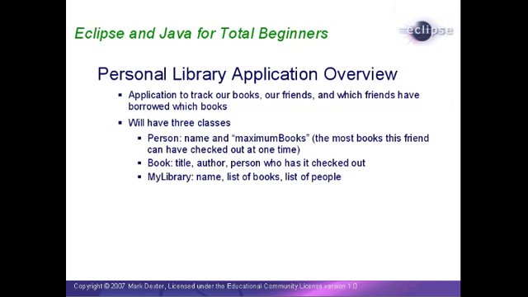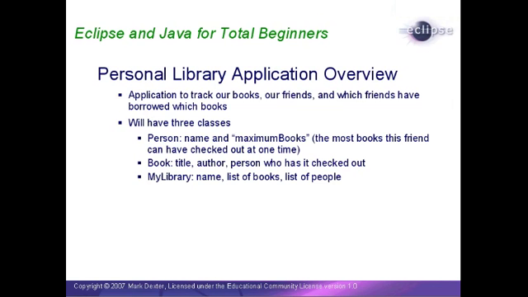Before we start coding, let's take a minute to discuss what our application will do. We're going to write a small sample application to track our personal library of books. We're also going to include a list of people to whom we loan our books. The application will have 3 Java classes.